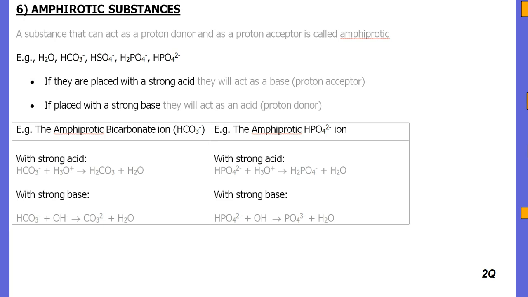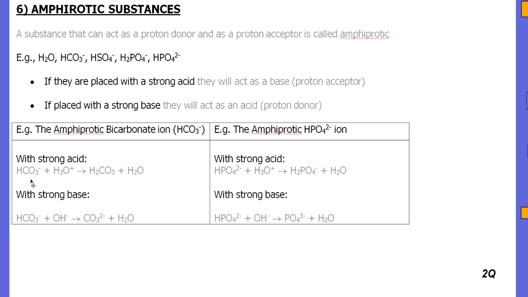One thing to note is that even though these are all weak acids and weak bases, amphiprotic things are always weak acids and weak bases, I've put the non-equilibrium arrow here, and that's because I've put them with strong acids and strong bases, and strong acids and strong bases make things go to completion. So when you put the bicarbonate ion with a very strong acid, the reaction will go to completion.